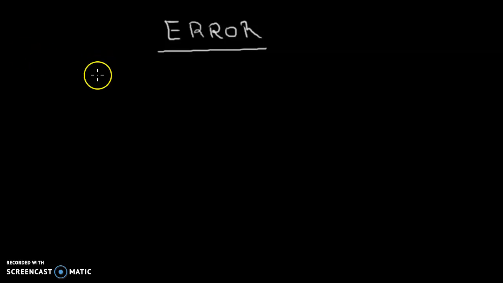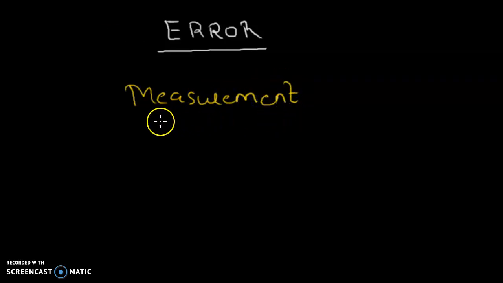So first of all, error. We know in physics, in sciences, we do experiments, we do measurements. So when measurement is there, there would be chances of having errors, human error, and some unwanted causes which we cannot control.